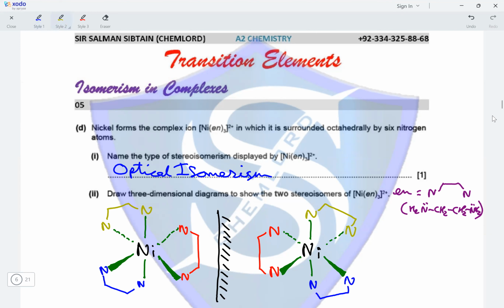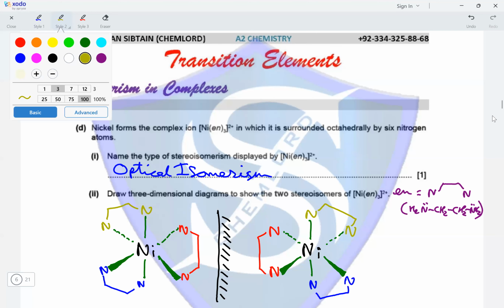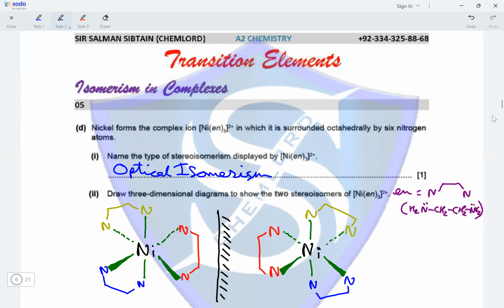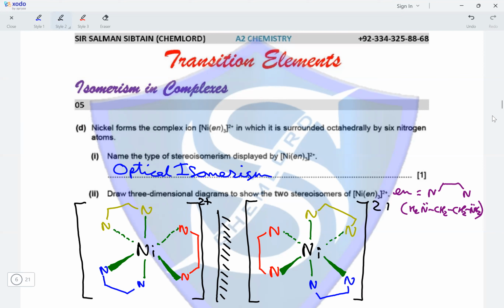Now, in order to complete the ion, we complete it by drawing the square brackets and placing the 2 positive sign on the outside of the square brackets. And here we can see the 2 optical isomers of Ni bonded to 3 En molecules.